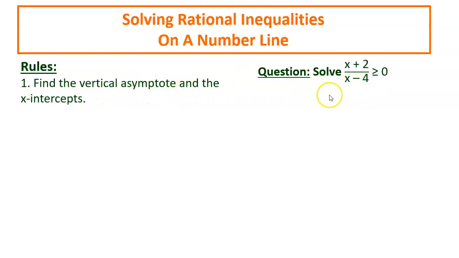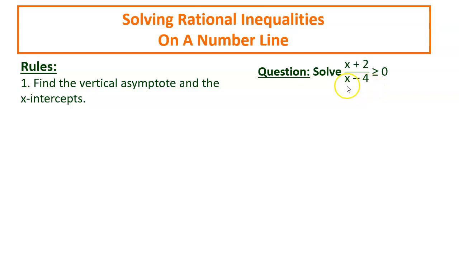Like in this case, why can we not take a particular value of x? Because of this denominator. We cannot have a 0 in the denominator. So x minus 4, if this is equal to 0, then the x value should be equal to 4 because 4 minus 4 is equal to 0.